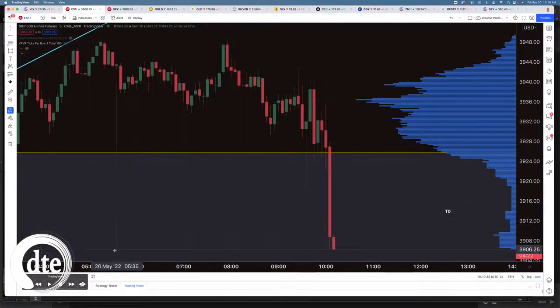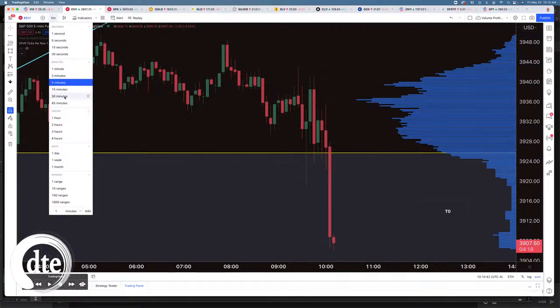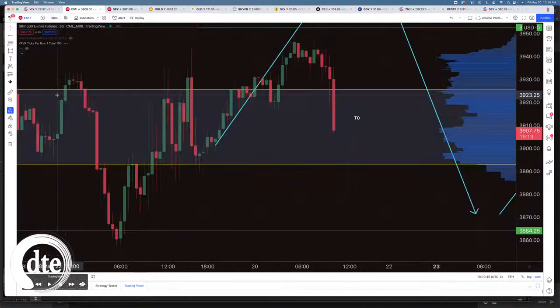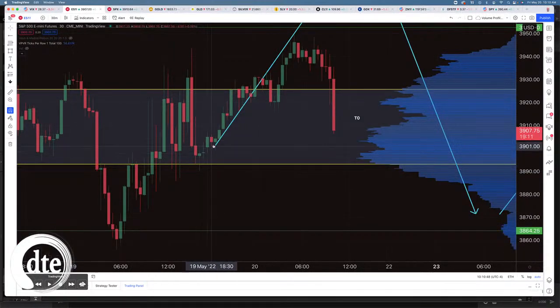Oh, it gave all of it back. Let's go to 30 minutes. So here's where we closed, right about here. We went up, touched the LVN, or just about touched it, and then when the market opened here at 9:30, it just gave it all back.